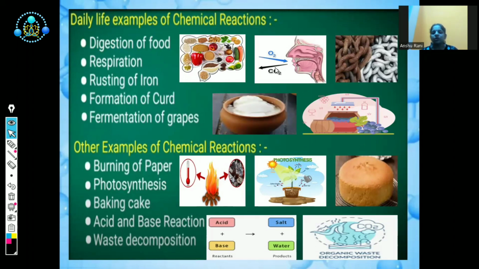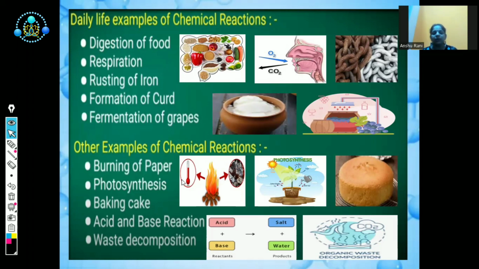Process of respiration, in which we are inhaling oxygen. That oxygen combines with your food and turns to carbon dioxide gas. Then rusting of iron, then formation of curd from milk. These all are examples of chemical processes. Further fermentation of grapes to form wine. These are examples of chemical reactions.